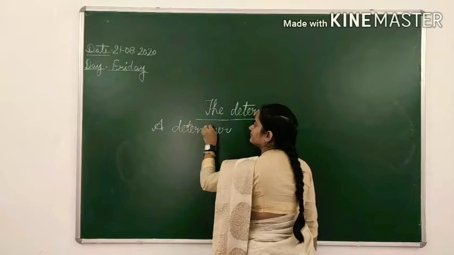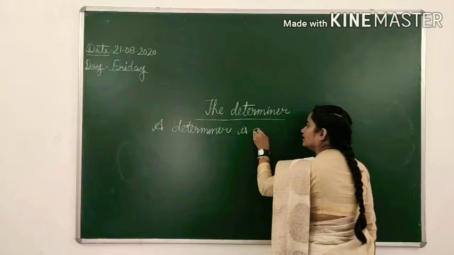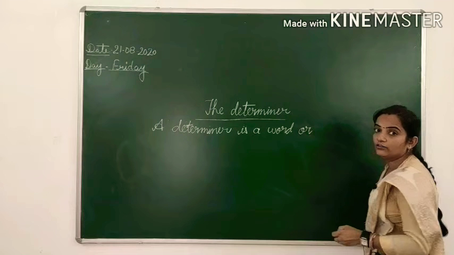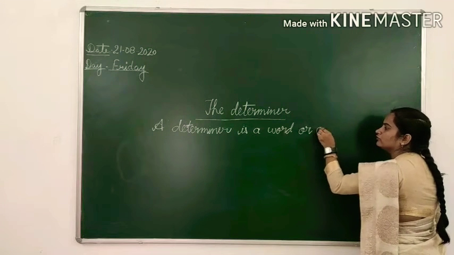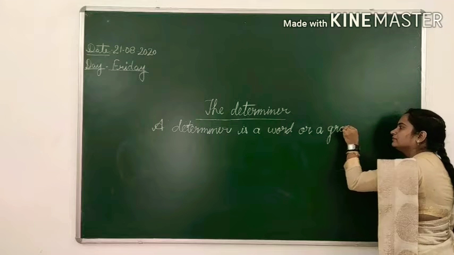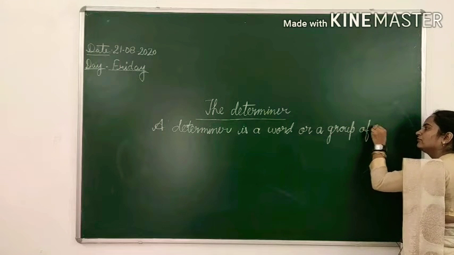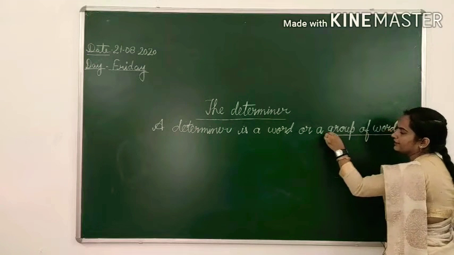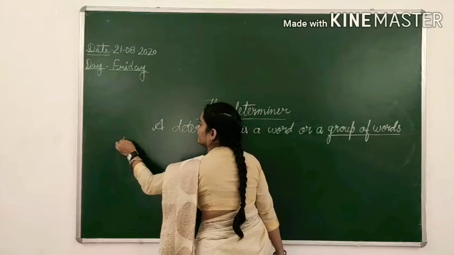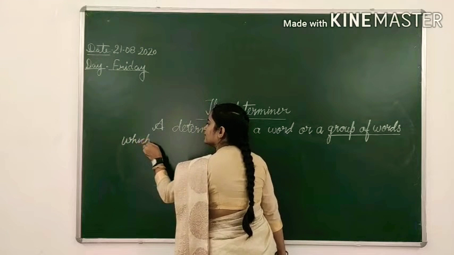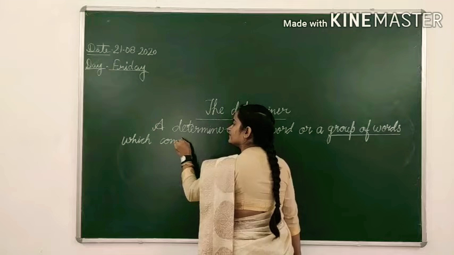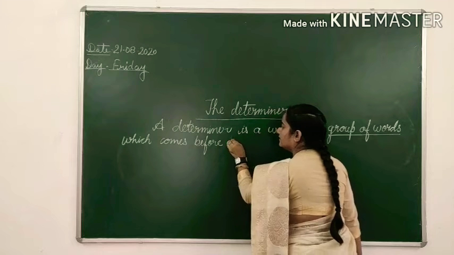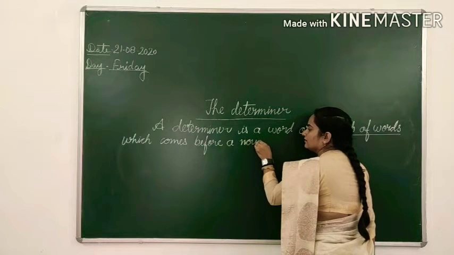A determiner is a word or a group of words which comes before a noun.